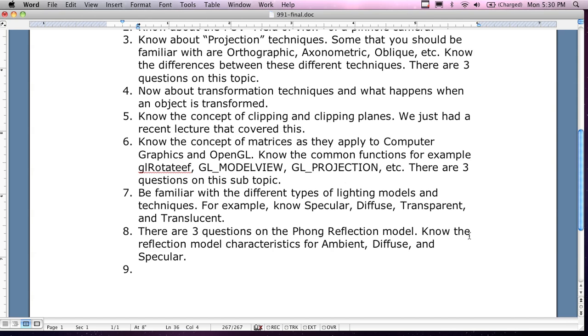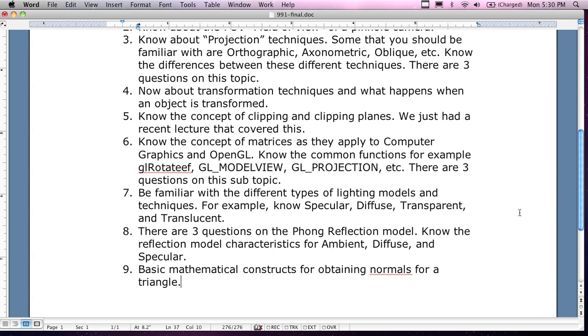So let's take a look here for a second. Basic mathematical constructs, it's not going to ask you to calculate, it's just going to test whether you know the name of the mathematical technique for obtaining "normals" for a triangle.